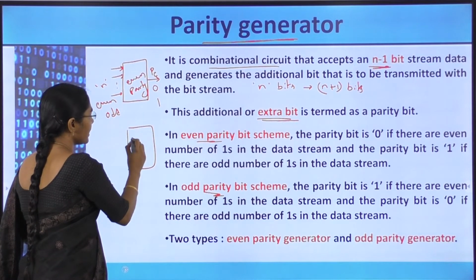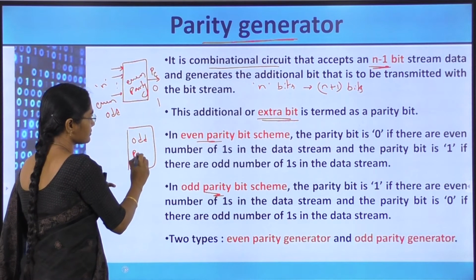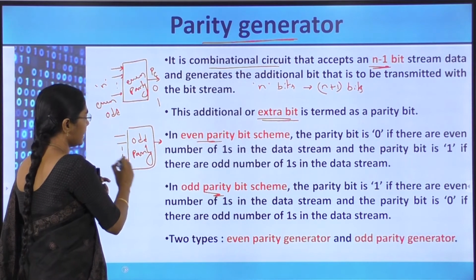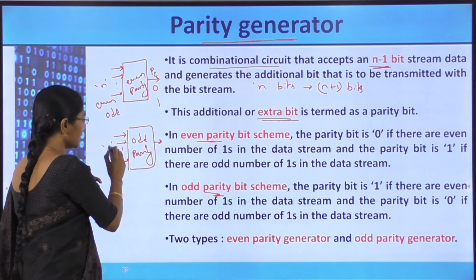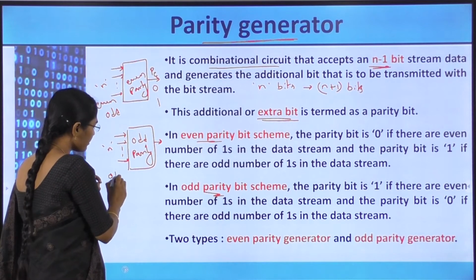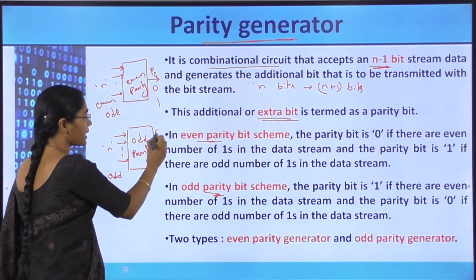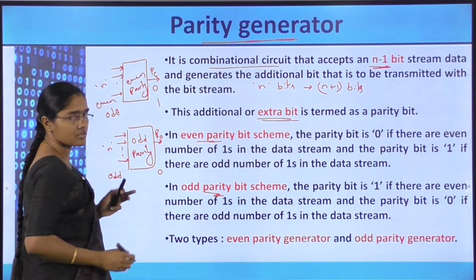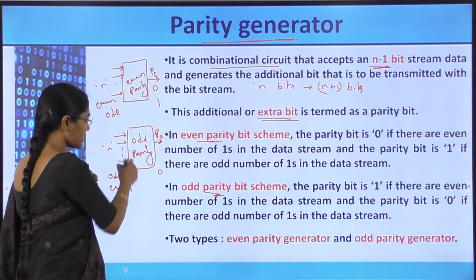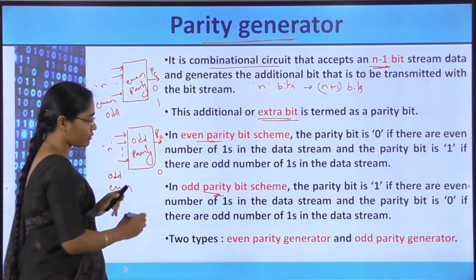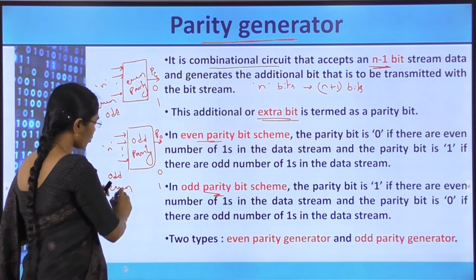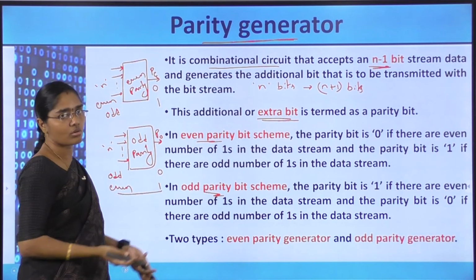If it is an odd parity generator with one output and n inputs, and the n bits already have an odd number of ones, then the parity bit will be generated as 0. And if the n bits consist of an even number of ones, then it will generate output 1 to make the total number odd.